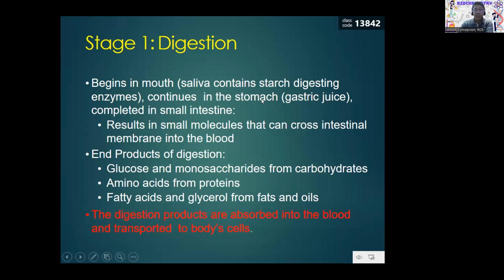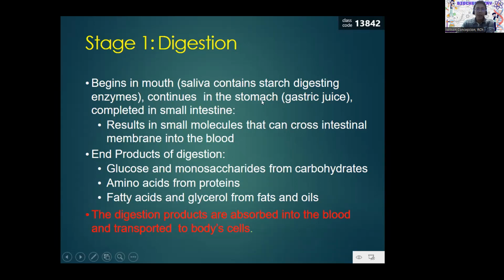Okay? May hydrochloric acid sa tiyan. But please, don't drink hydrochloric acid. Iba, the concentrations are different with the hydrochloric acid inside your stomach with the hydrochloric acid that you can buy at stores, for example, muriatic acid. Different yan. So don't try that.